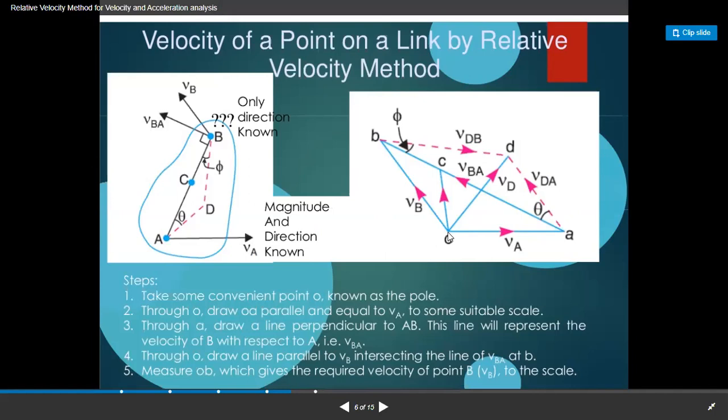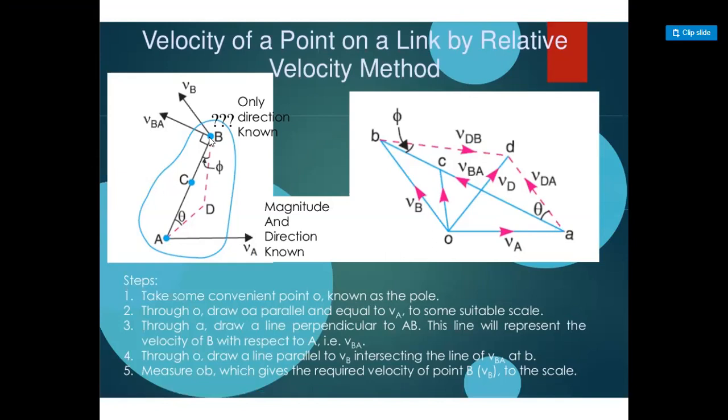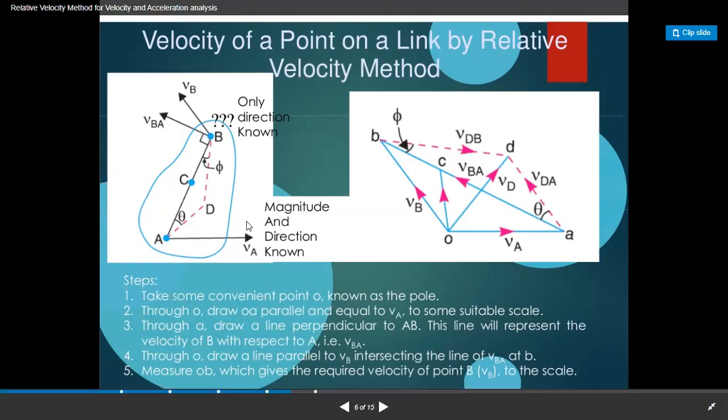Now whenever you draw the vector of velocity, first we have to draw the velocity of A, because we know the magnitude and direction of velocity A, but we don't know the velocity of C and velocity of B. So we draw OA at the same magnitude as velocity of A, in the direction perpendicular to link AB.